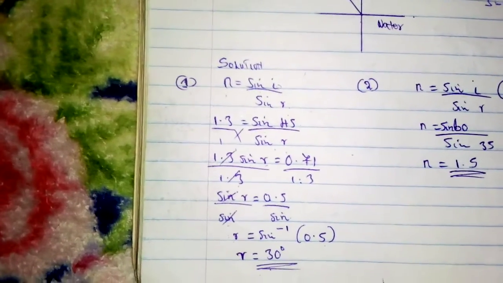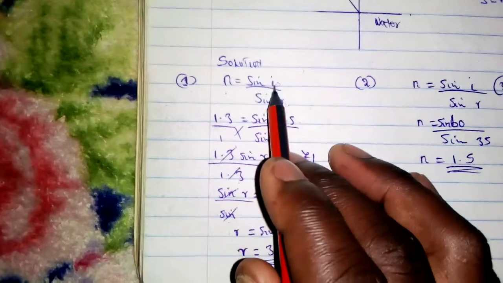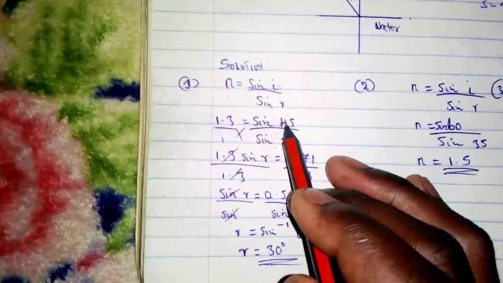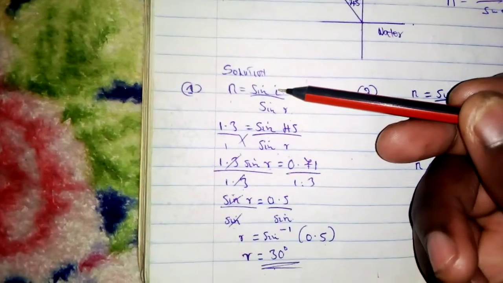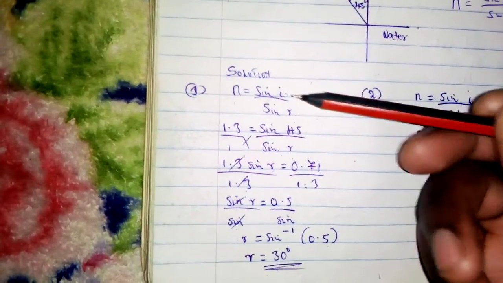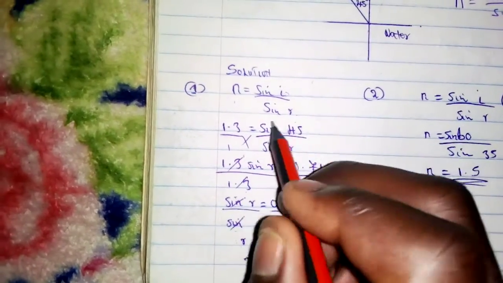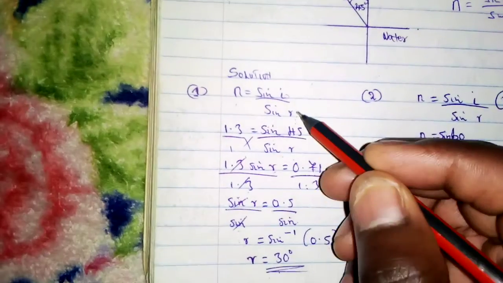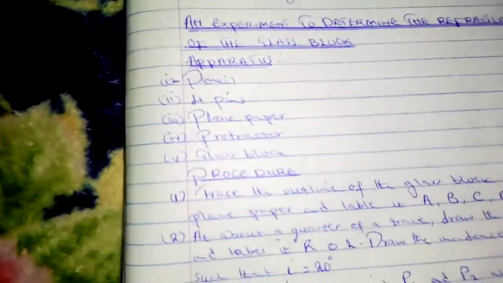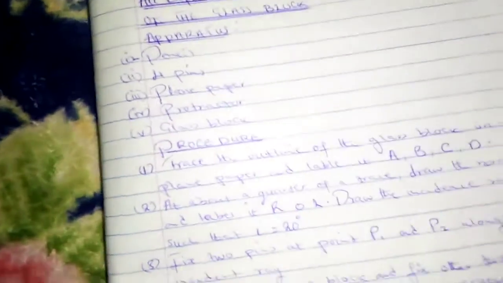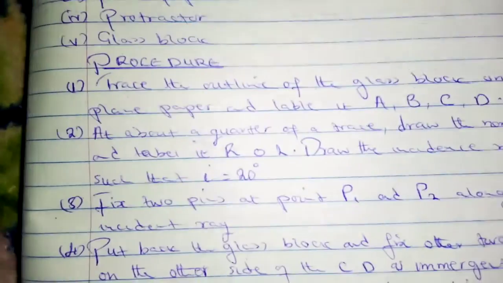So sometimes you may find that you are given the sine I and sine R, but you are told to find the refractive index. So you just place on the calculator sine I, then the value you get divided by sine R, meaning the angles that you get, then you get the refractive index.